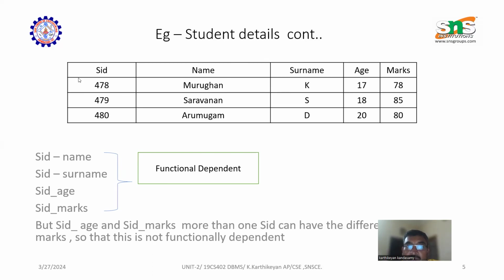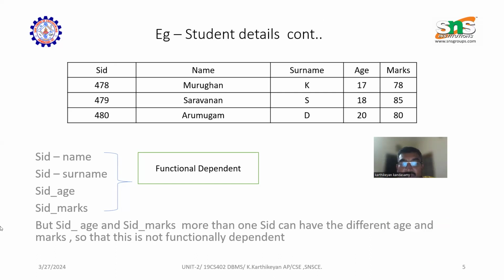Student ID uniquely defines the name, and sometimes name defines it too, but sometimes it is not dependent on another one. For student ID with age and student ID with marks, a student ID can have different ages and marks, so there is no functional dependency.